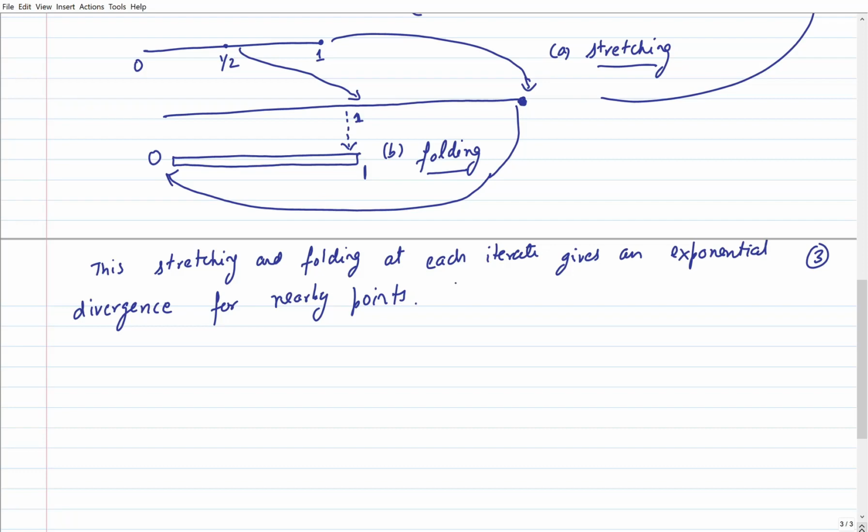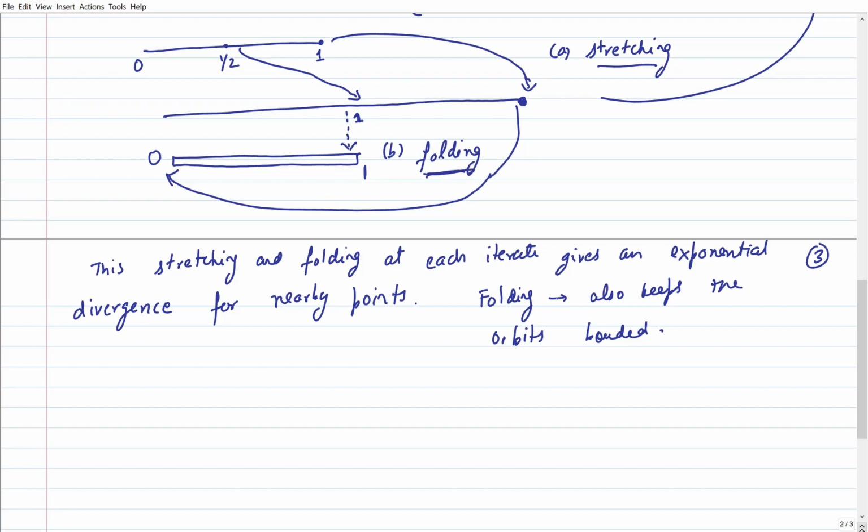And of course, the process of folding also keeps the orbits bounded. Something between 0 and 1 gets mapped back into 0 and 1 because of this folding process.